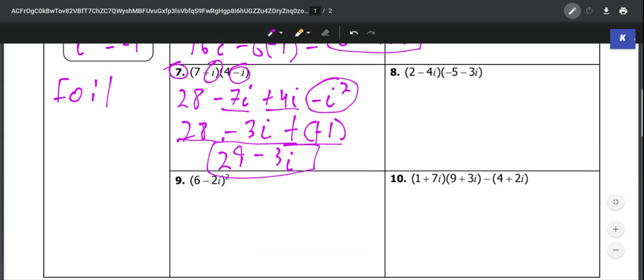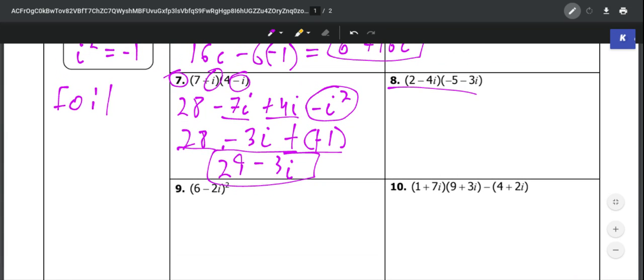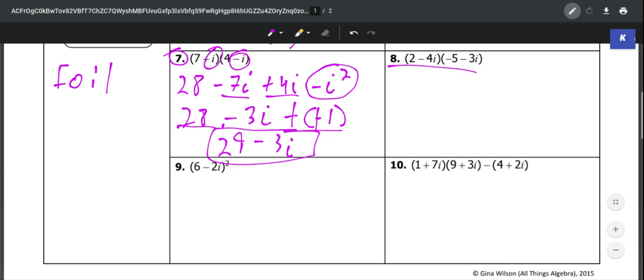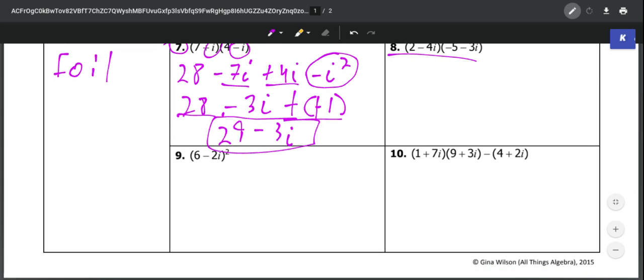Now, for these examples, number 8, you're just going to FOIL that, and we'll do more examples of this, so I'm just going to skip it for now. Now, on number 9, we've got 6 minus 2I squared. When something's in parentheses like that and it's squared, that just means it repeats. So you're going to take 6 minus 2I times 6 minus 2I, and then you would FOIL that out.